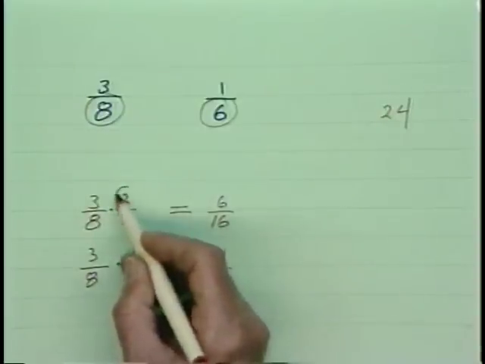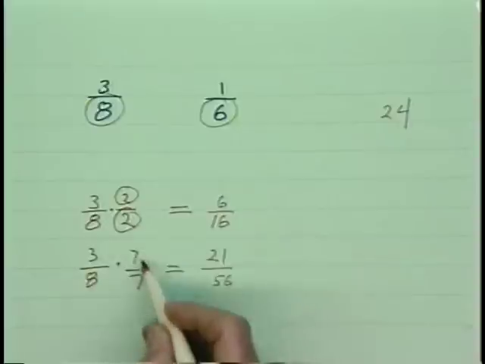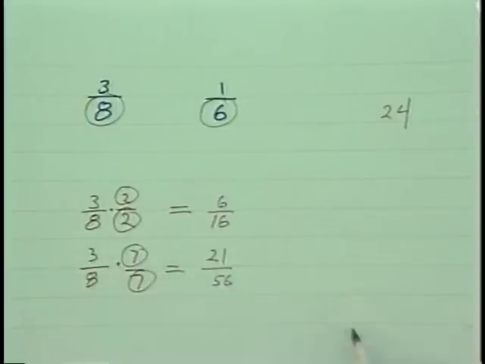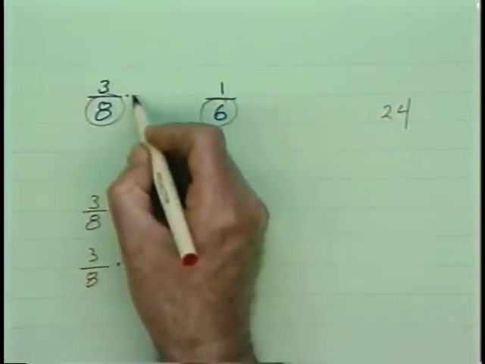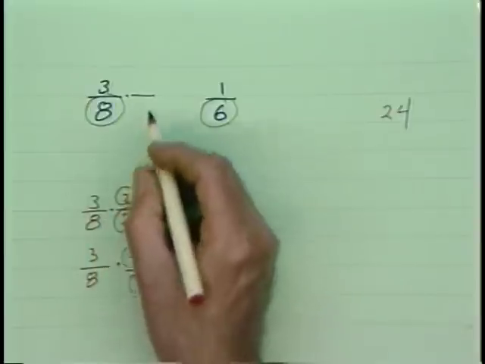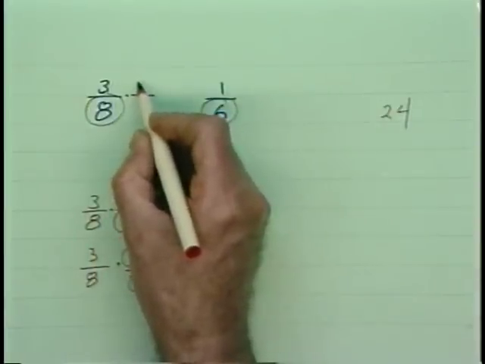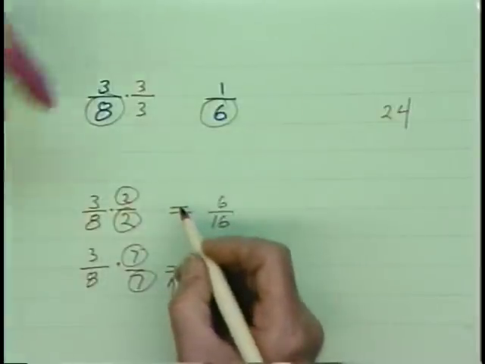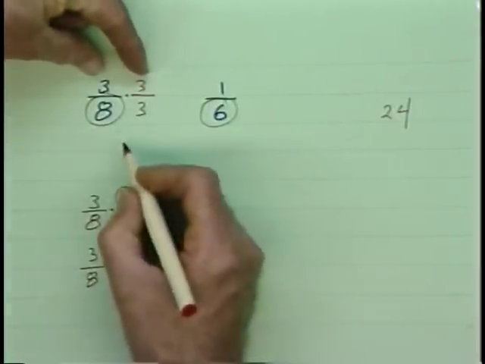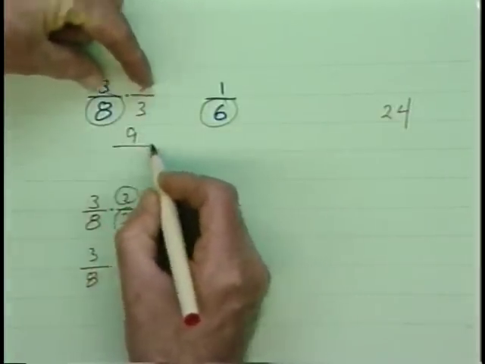And the point we made was that you can multiply top and bottom by anything you wish, and the value of the original fraction does not change even though its appearance does. So in particular, here I could have multiplied the top and bottom of this one by 3, and the fraction would assume the form 9/24.